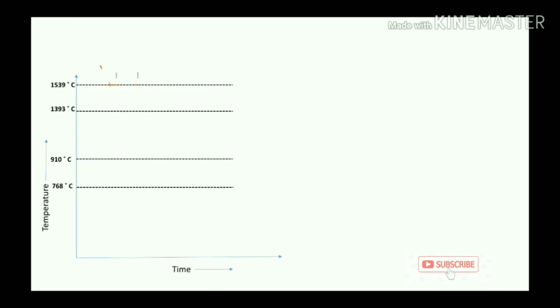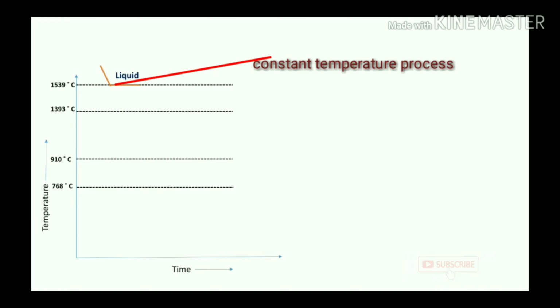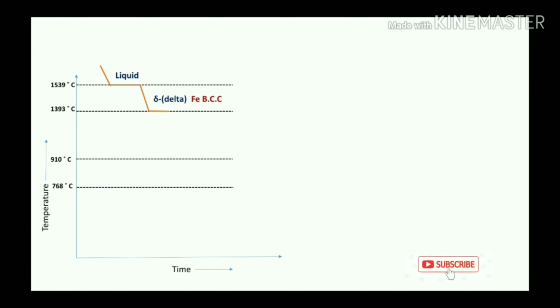So let's see. Above the melting point of iron, 1539 degrees centigrade, your iron will be in the form of 100% liquid. But once it touches 1539 at constant temperature, it will convert into the delta phase of iron.